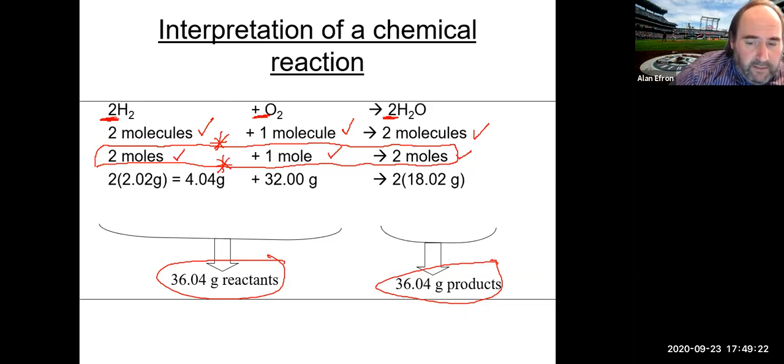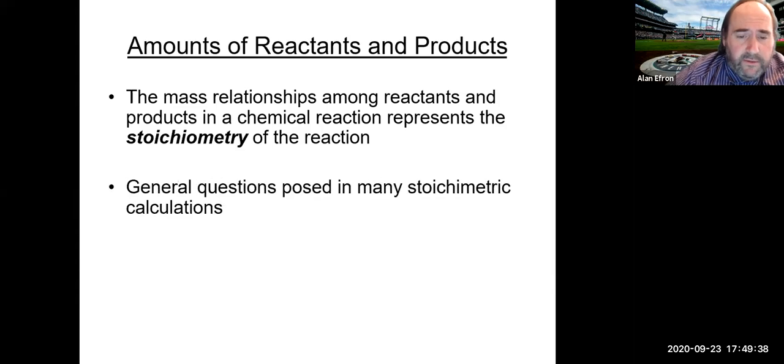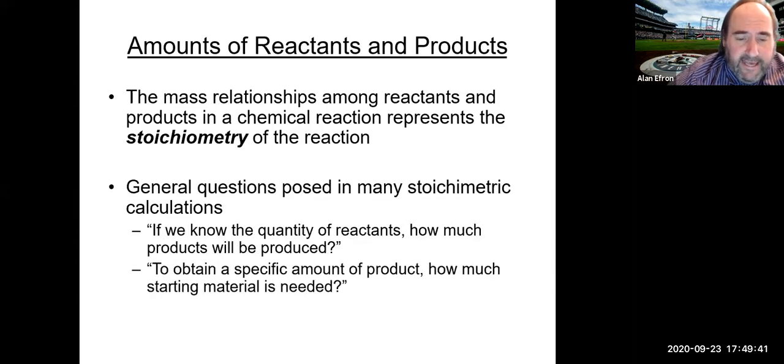So we're going to talk about stoichiometry, and stoichiometry really is nothing more than using a balanced equation as a conversion factor. Sometimes people get really scared about the whole stoichiometry part of it.